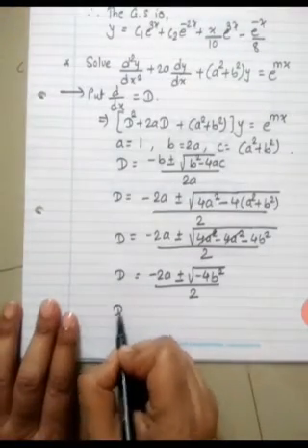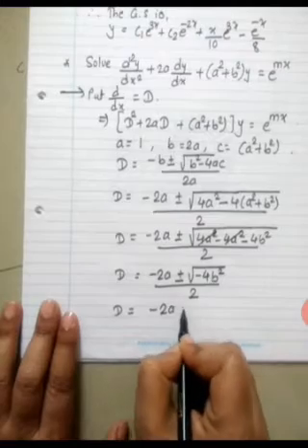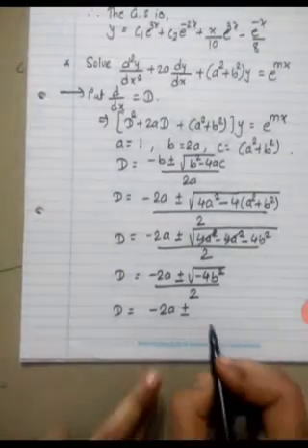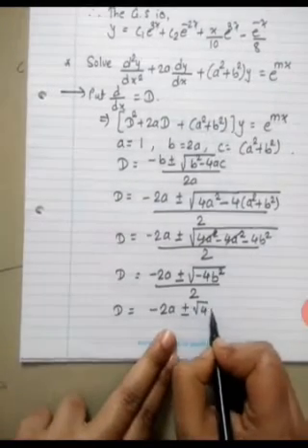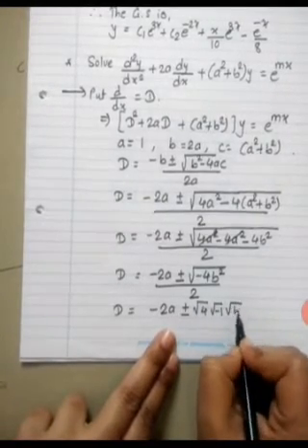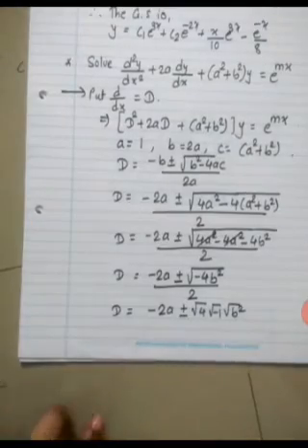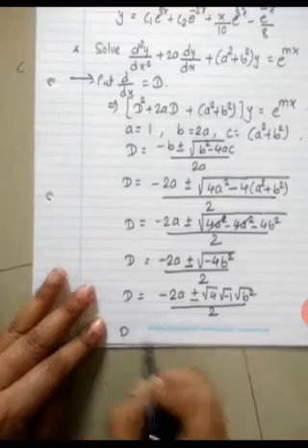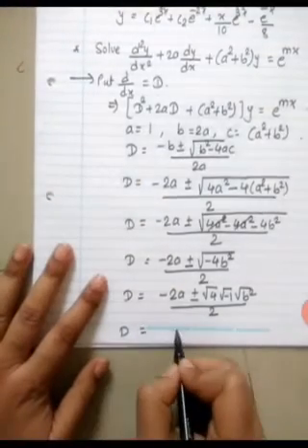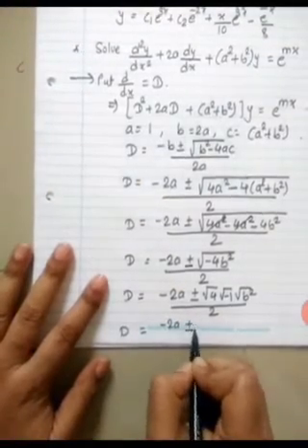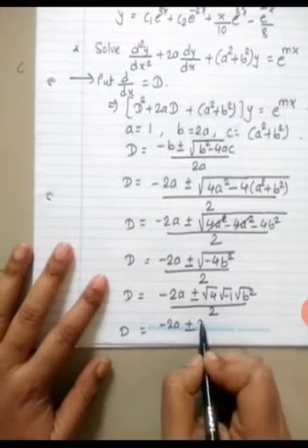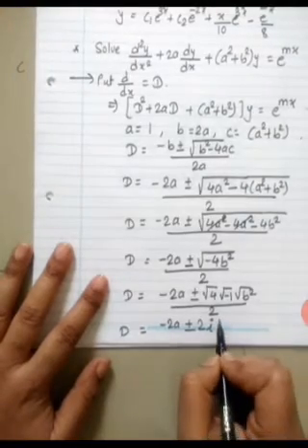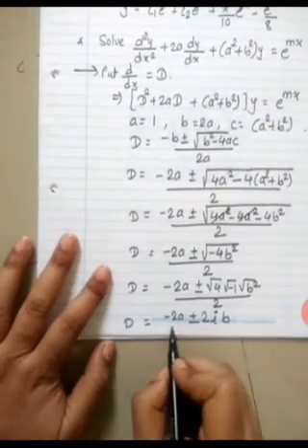That is D is equal to minus 2A plus minus that square root term; I can write square root 4, square root minus 1 and square root B square, upon 2. So D is equal to minus 2A plus minus 2 square root minus 1, that is i, square root B square, B, upon 2.